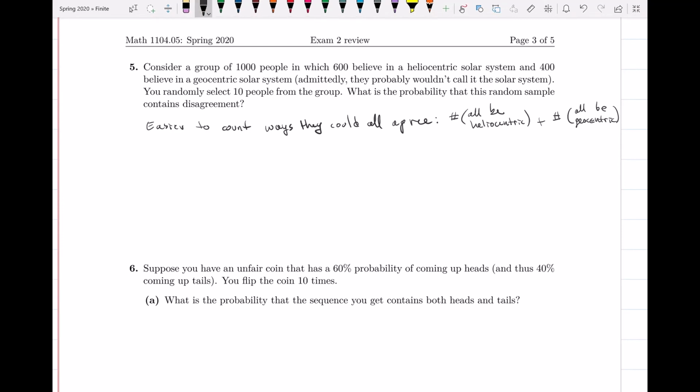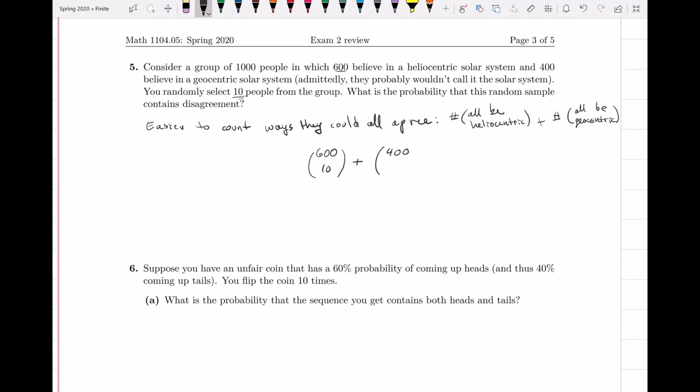So how many ways can we choose 10 where they'll all be heliocentric? Well, there's 600 and we're choosing 10 people, so the number of ways to do that is 600 choose 10. That's the number of samples where they all believe a heliocentric solar system, plus the number of ways we could choose 10 people who all think the Earth is at the center of the solar system.